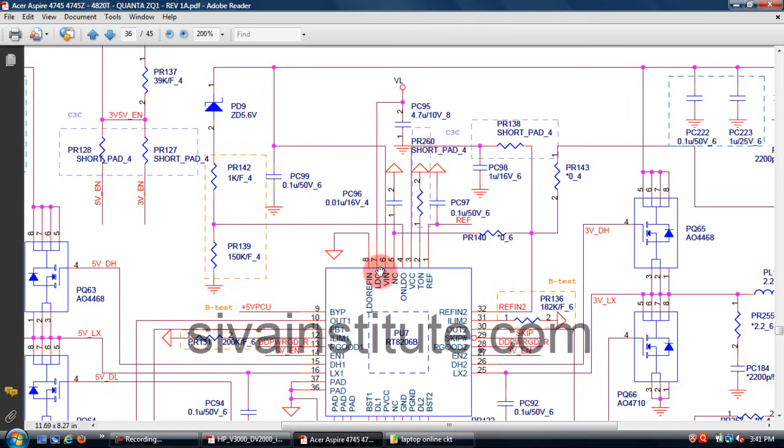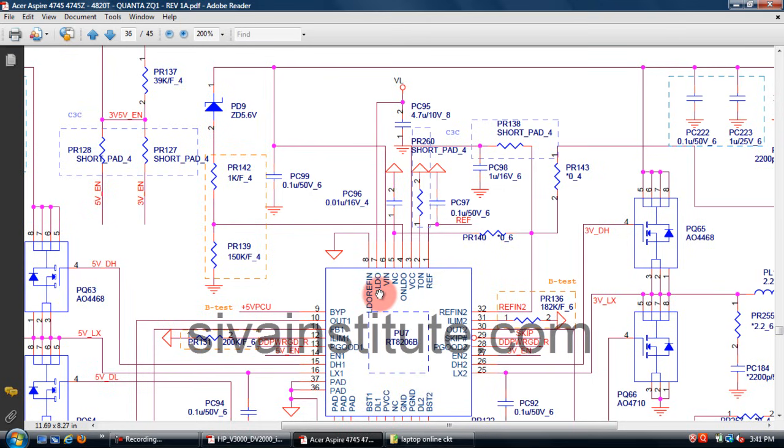When you give LDO EN on, this is GNR 5.6 volts. This drops 5.6 volts and the remaining voltage, that means 13 volts, goes to pin number 4. When you give pin number 6 and 4 voltage, this output will come out at pin number 7.